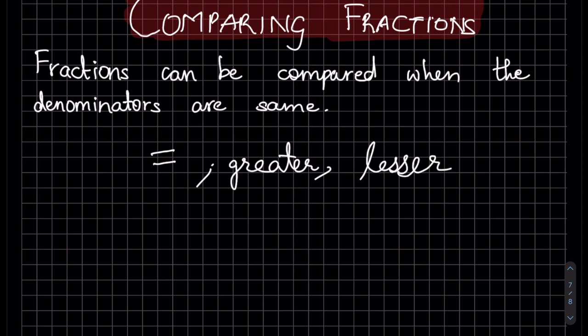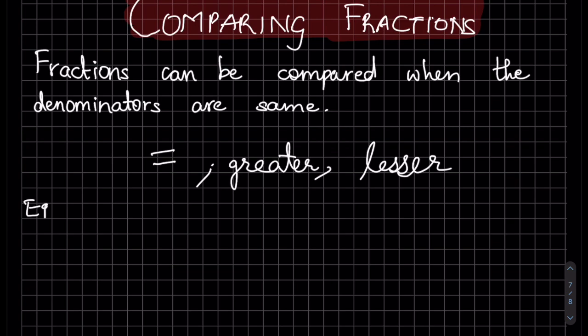So these fractions can be compared when the denominators are same. Whenever you need to compare fractions, you need to make sure that the denominators are same. So now we see some examples where the denominators are given same and then we compare the fractions.